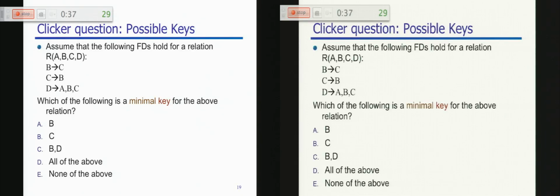I chose the closest one, because you only need dependency.